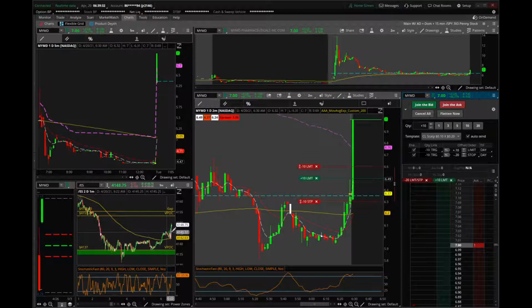ES is really nothing going on. We're working our way back up to the VPOCs, things like that on the ESs. Nice inverse head and shoulders, right? So the market surprisingly should be bullish right now, but we will see. What else is there?